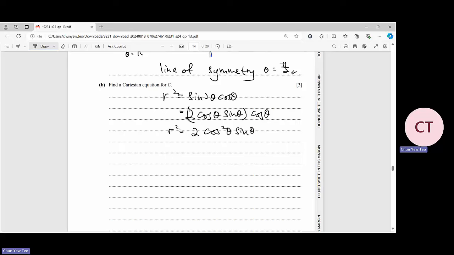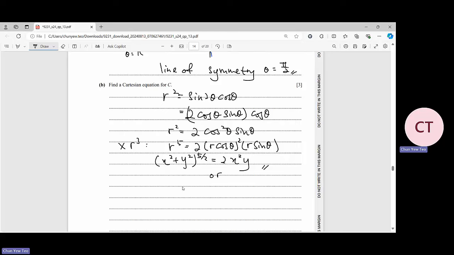That is your r squared. I multiply r to the power 3 here to make it become r to the power 5. Then over here, you will get 2 r cos theta squared and r sine theta. So r cos theta is x, r sine theta is y, and r is the square root of x squared plus y squared. So you will get this, and leave the answer like that. That is good enough.